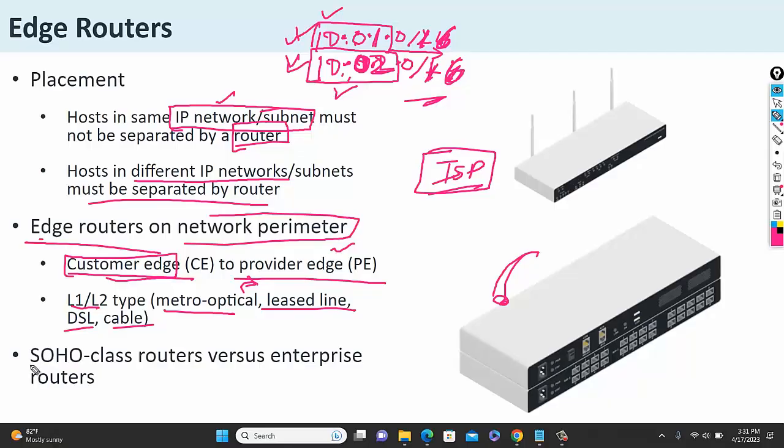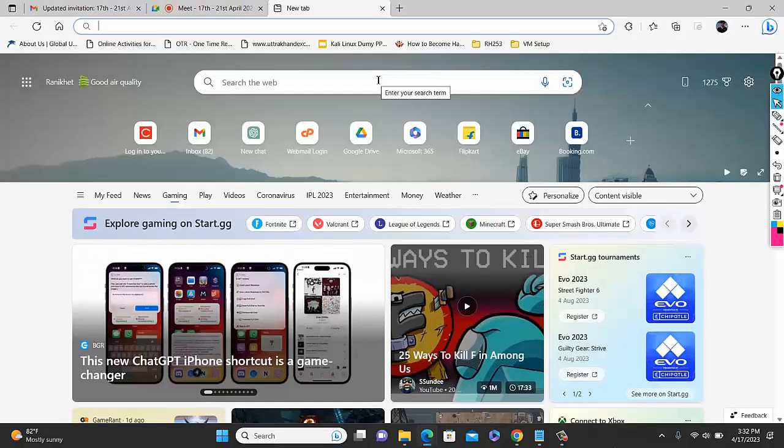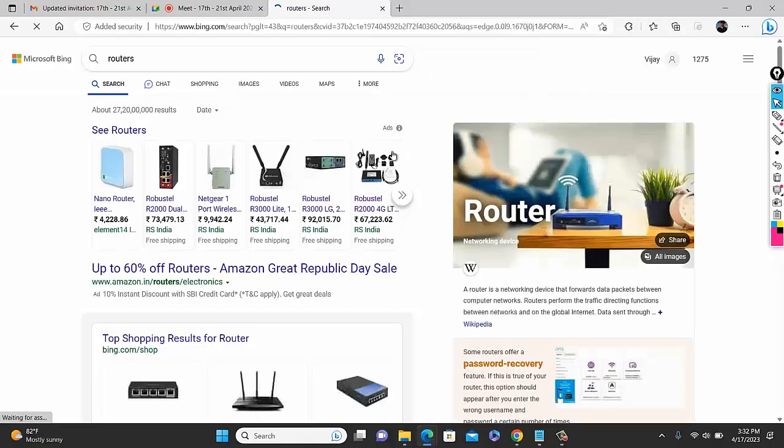Another basic example is SOHO class routers versus enterprise routers. This is a very interesting thing when you go for edge routers. Just search for routers.